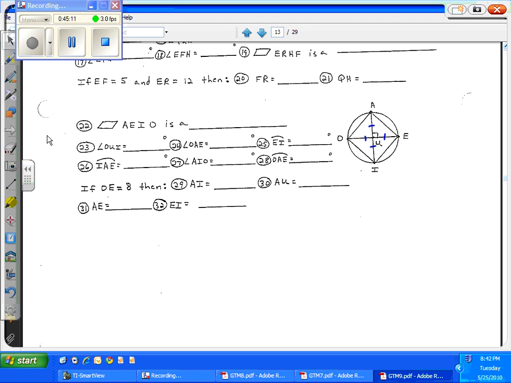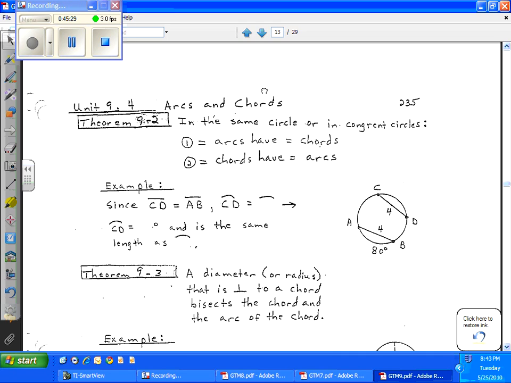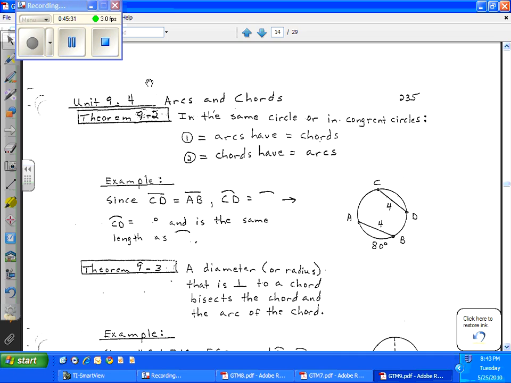The diagonals are perpendicular. All four sides are equal. All four angles are right angles. Tons of properties of a square, and you'll be using all of those properties to answer all of those questions. Okay? And we're going to let you answer all those questions. And that finishes up daily work 9-3, the part that we're going over anyway.